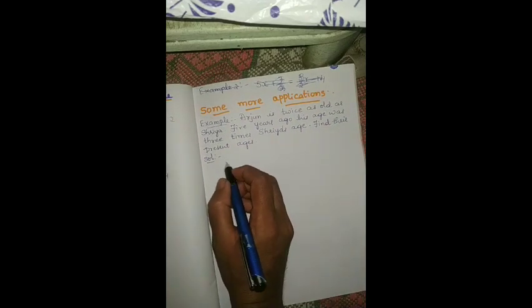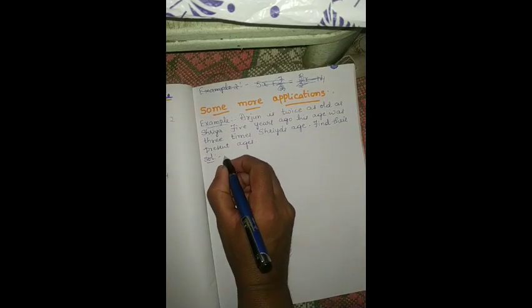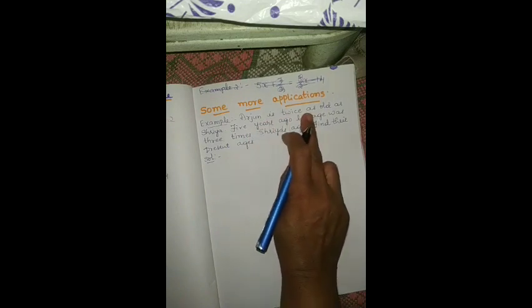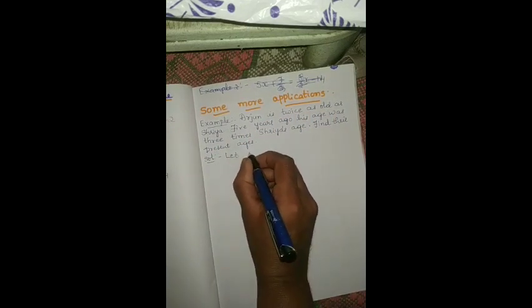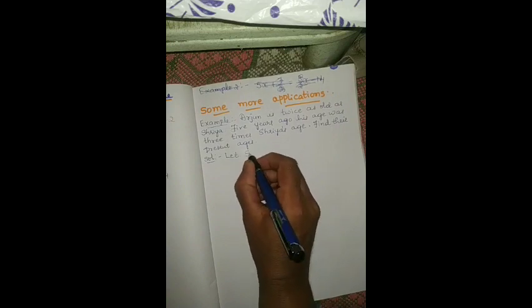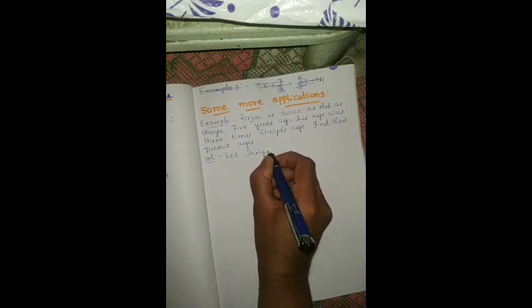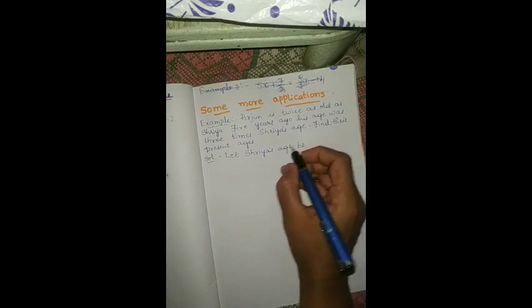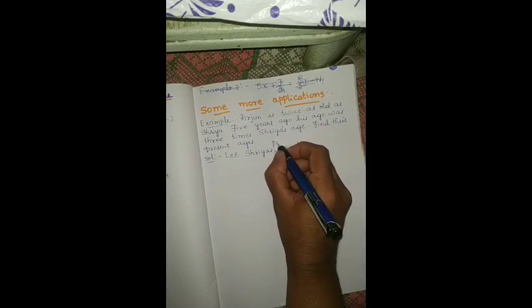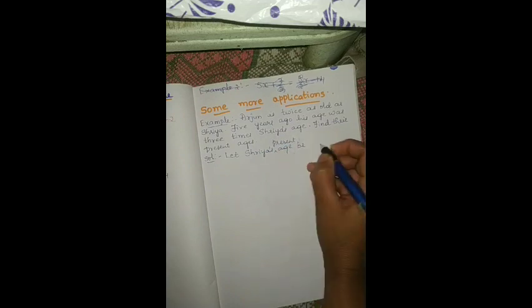Let us take up the solution now. Here, Arjun is twice as old as Shriya. So, let Shriya's present age be x years. We have to remember, present age. Let us take this as x years.